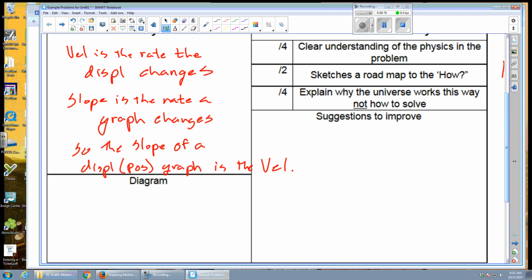So I've shown I understand the concept and tied it to this problem because I have a position time graph for this problem.